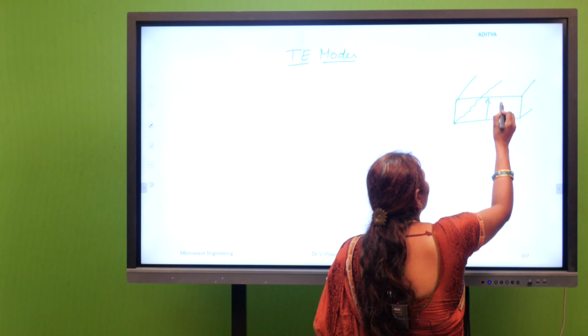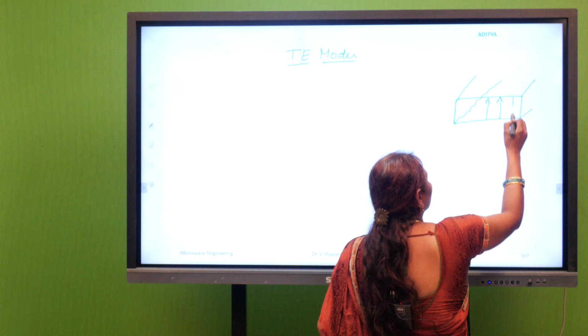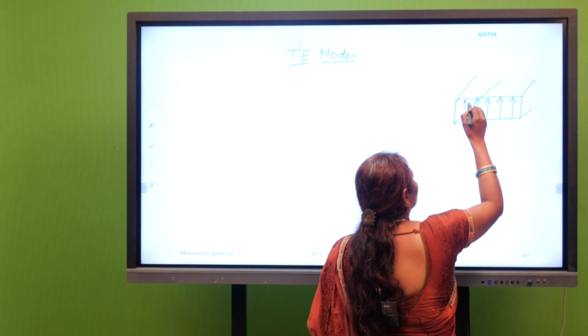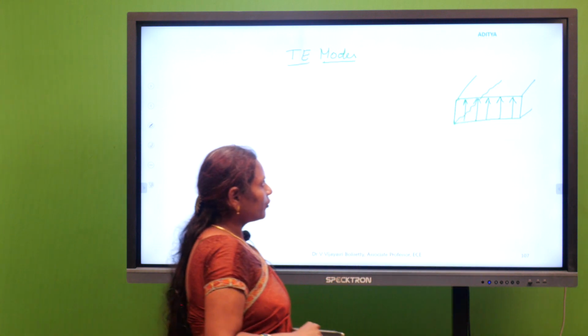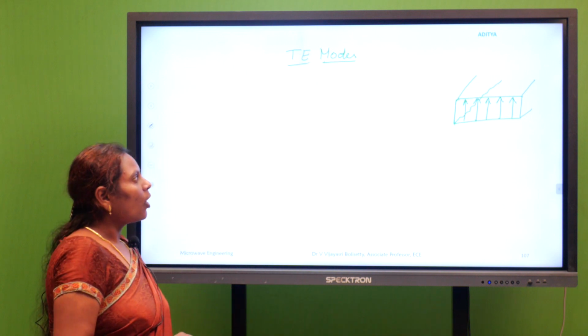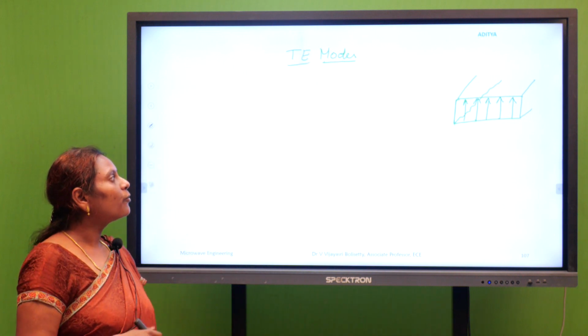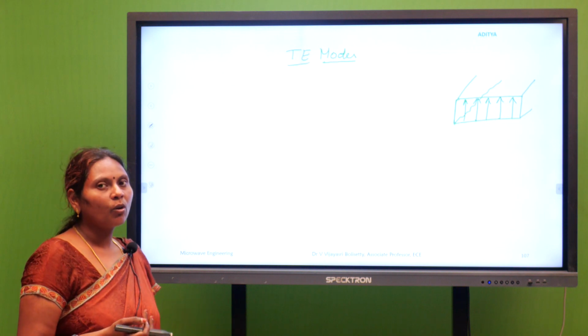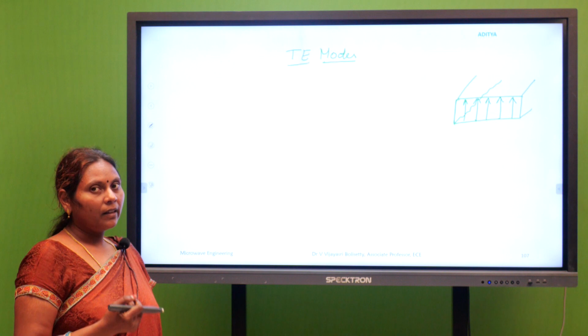So, the electric field is always represented with standing arrows. This is the representation of the electric field. So, how is this electric field going to vary for different values of M and N?